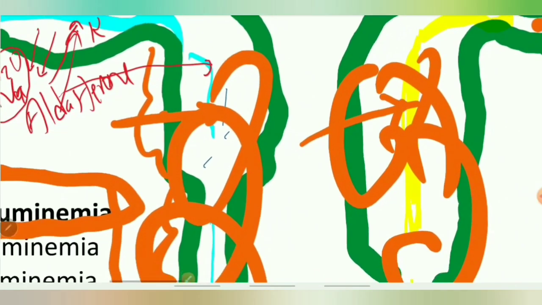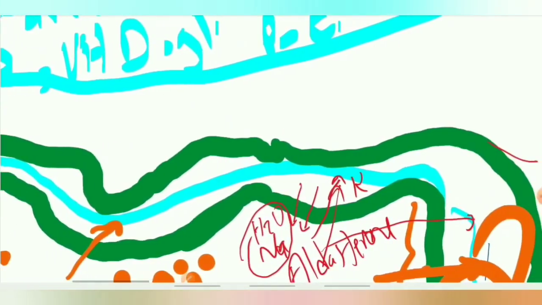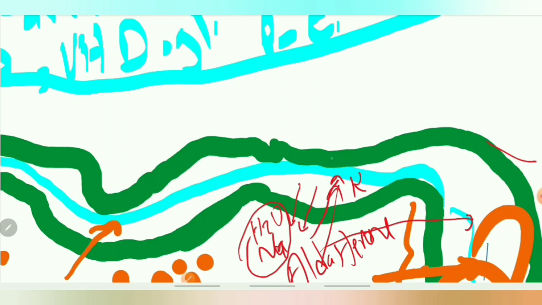And the hypotension which is developed will also act here. So this is the site of action in the distal convoluted tubule, not the proximal, and also in the collecting duct, the same thing.